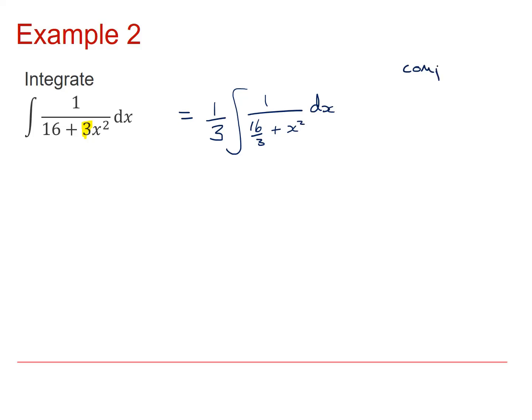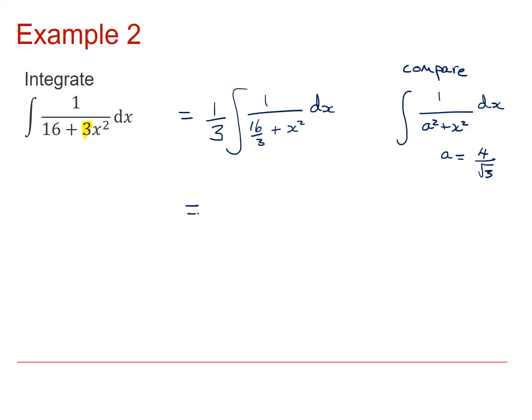And now if I do a comparison with the standard form, the integral of 1 over a squared plus x squared, I can see that if I use a value of 4 over root 3, that gives me that integral.